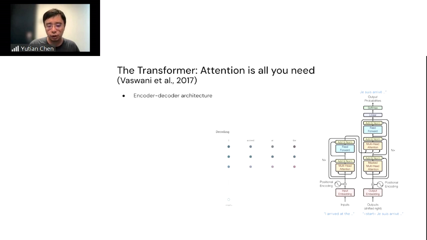Then given the first word, it will use the information from the word just generated and all the latent representation from the encoder to predict the second word, and then repeat the process. At every step, the decoder only attends to the words that have already been generated and doesn't have access to future words it's going to generate.